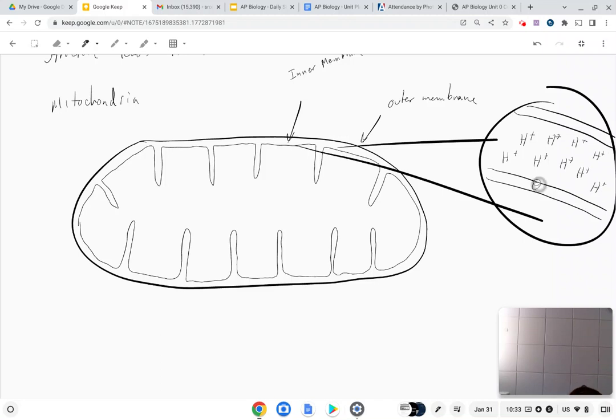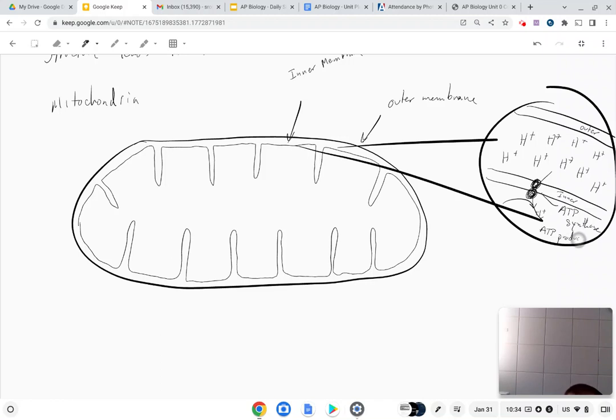And there's this little ATP synthase protein, ATP synthase, that's embedded on the inner membrane, right? This is the inner and this is the outer. So know the location of the ATP synthase, know that it's located on that inner membrane, and that when the protons flow through, ATP is produced.